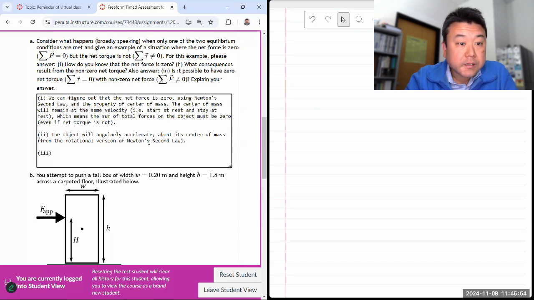3. Is it possible to have a zero net torque with a non-zero net force? Yes.